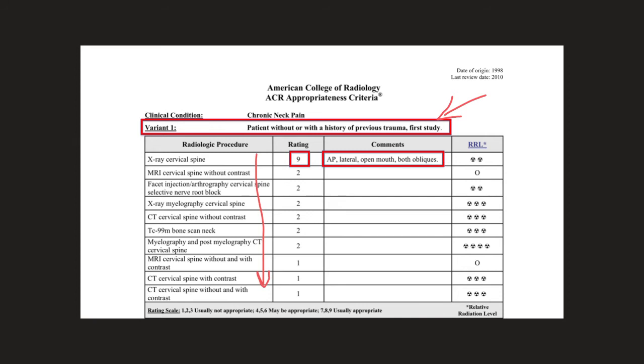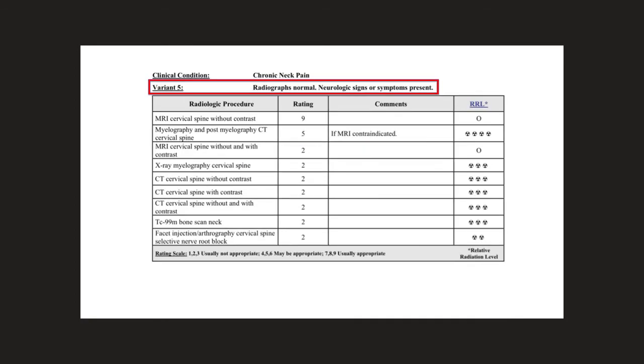And then it will rate them on a 1 through 9 scale, with 7, 8, 9 usually appropriate. 4, 5, and 6 may be appropriate, and 1, 2, and 3, you really don't want to do in this scenario. And then it does give you some idea of the relative radiation level of these procedures.